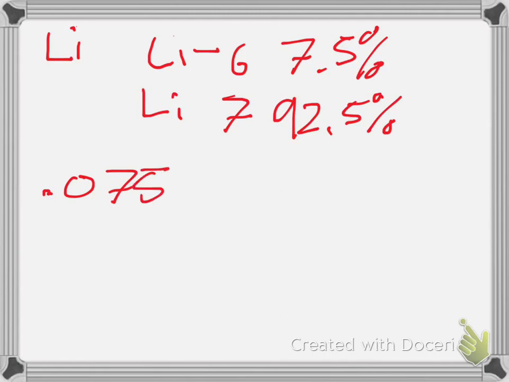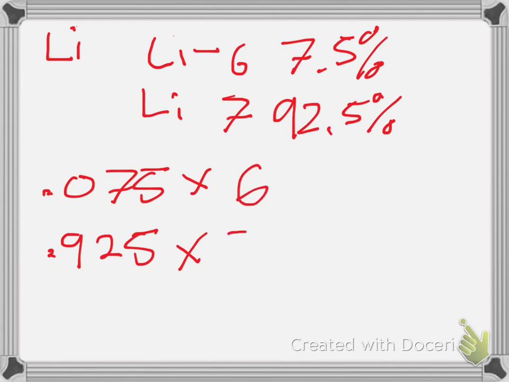So we will wind up with 0.075 and 0.925. And then we're going to multiply them by the masses that go with the percentages. So for lithium-6, we're going to multiply by 6, and for lithium-7, we're going to multiply by 7.